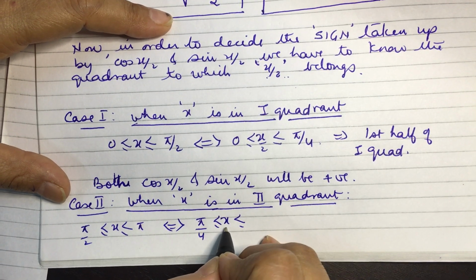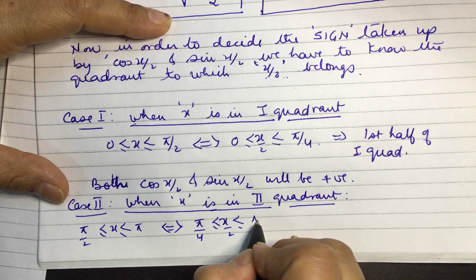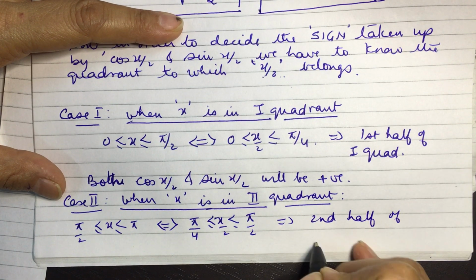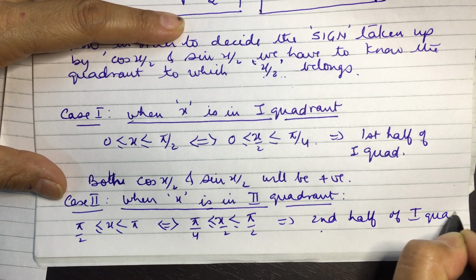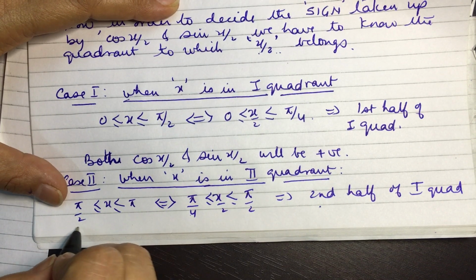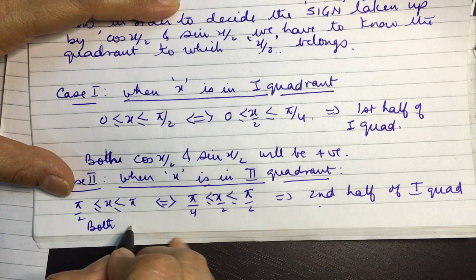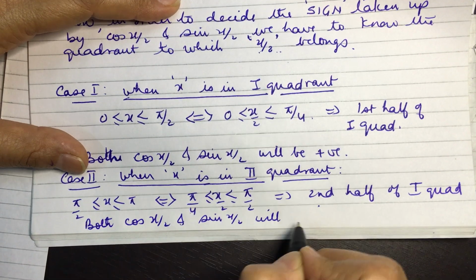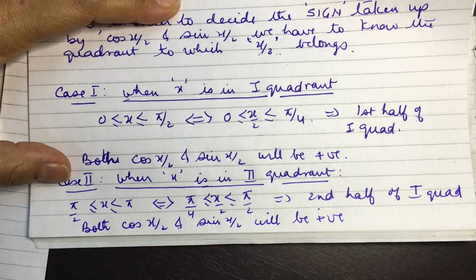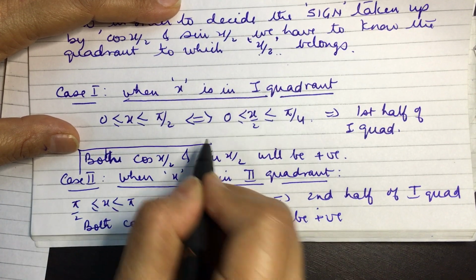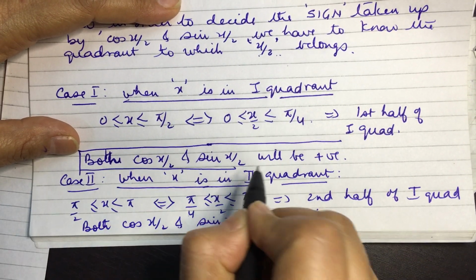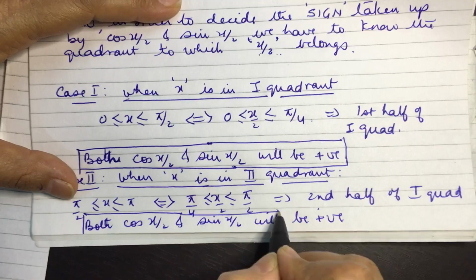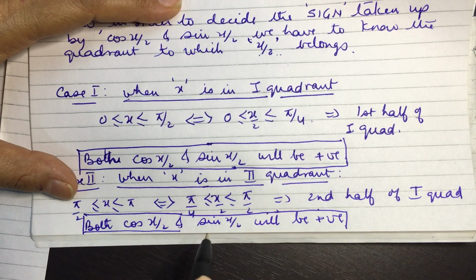You get x by 2 lies between pi by 4 and pi by 2, which is the second half of first quadrant, which implies that now again both cos x by 2 and sin x by 2 will be positive.